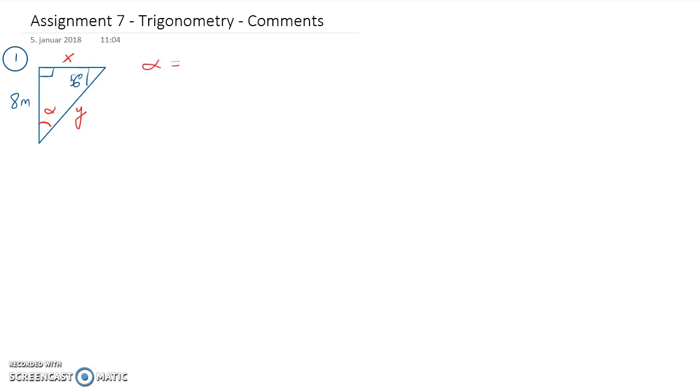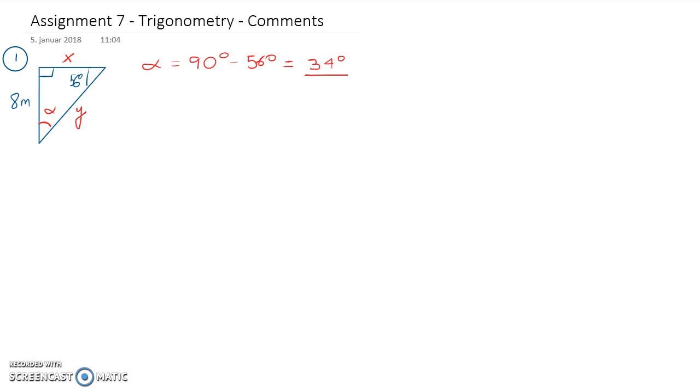We know that to find alpha, we need to do 90 degrees minus 56 degrees, because the three angles have to sum to 180, so if we have one that is already 90, the other two have to sum to 90 as well. So we know that this angle is 34 degrees, and we are done with finding the angles.